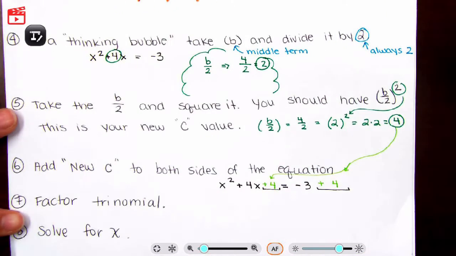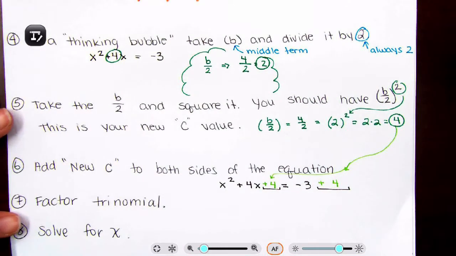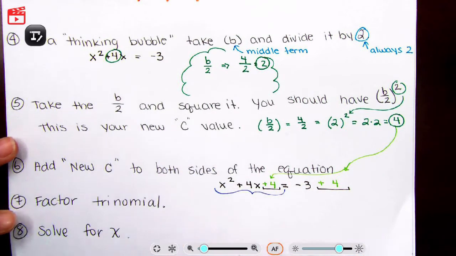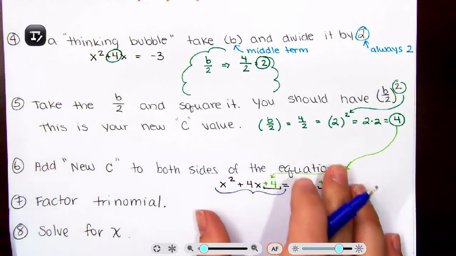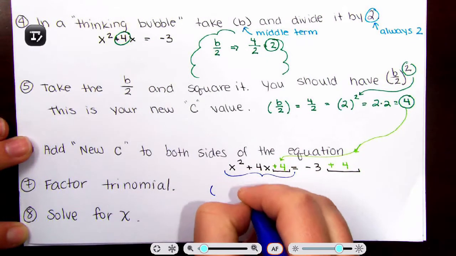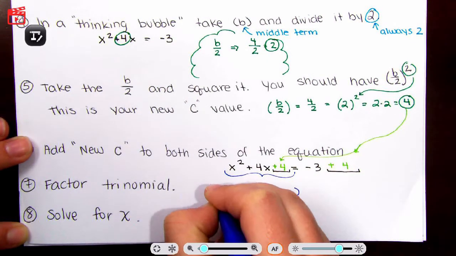Factor the trinomial. So now we're going to take this trinomial and factor it. This is now a trinomial with a leading coefficient of 1. Since we have a leading coefficient of 1, we can factor using the guess and check method. So here are my bubbles, here's my x, here's my x.